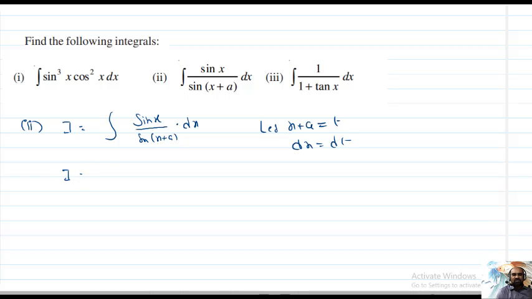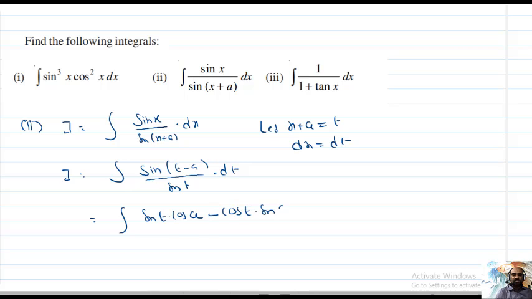So now this I becomes, students, instead of x, I can write t minus a, by sin t into dt. Understood? Okay. So this is sin t into cos a minus cos t into sin a, by sin t, into dt. So what should I write now here?